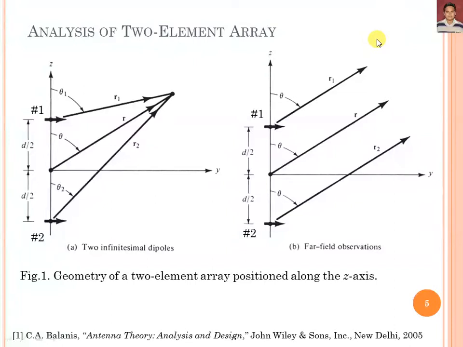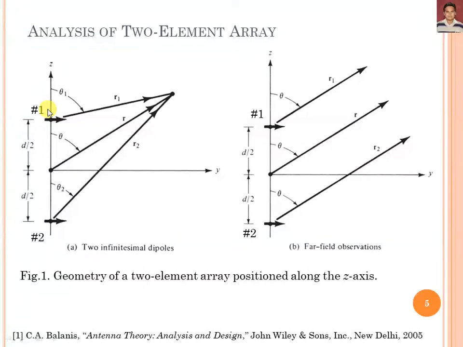In that case, first we need to understand the basic concept of the infinitesimal dipole. When we analyze the infinitesimal dipole antenna, we have to calculate the total electric field, or E of theta component, by using the vector potential approach.